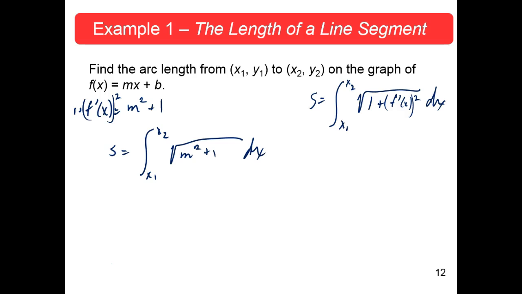Okay? I don't really like the way that looks. Do you? Let's change that to the integral from x1 to x2 of (m squared plus 1) to the 1/2 dx.